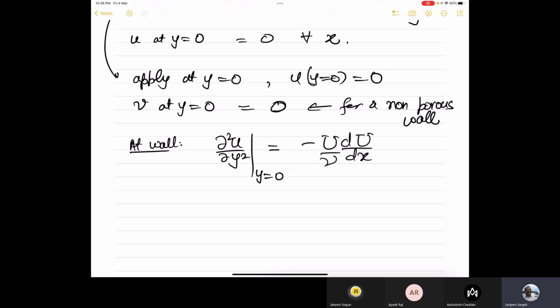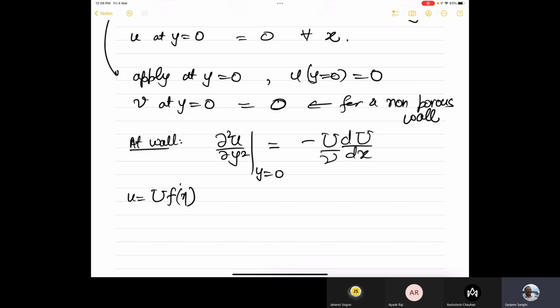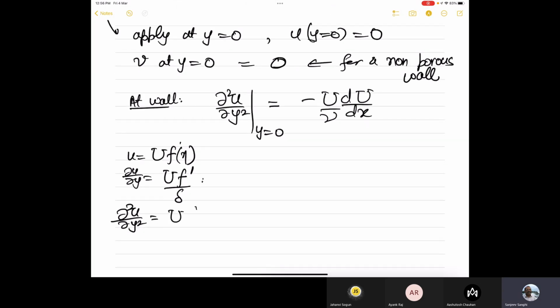Now u is equal to capital U times f of eta. And du by dy, we have worked this out, was capital U times f prime times d eta by dy, which was 1 over delta, and d2u by dy square will become capital U f double prime upon delta square.